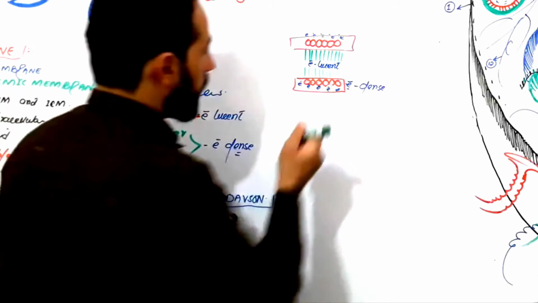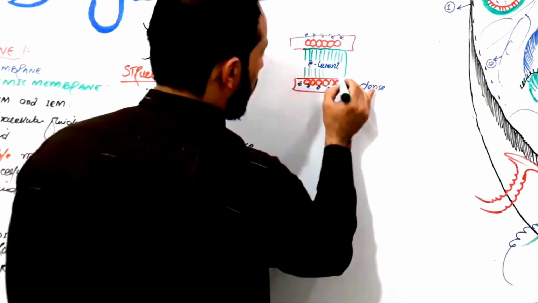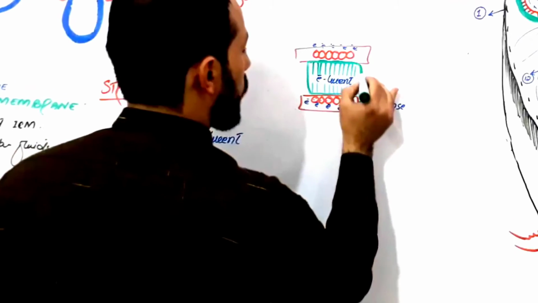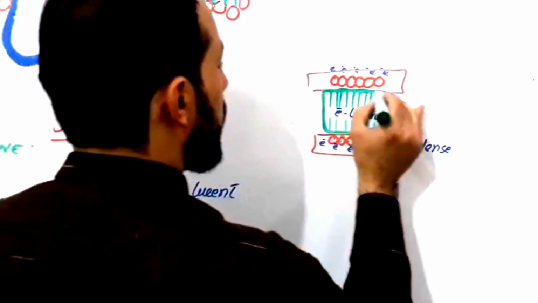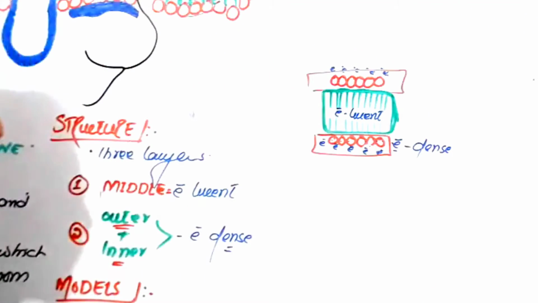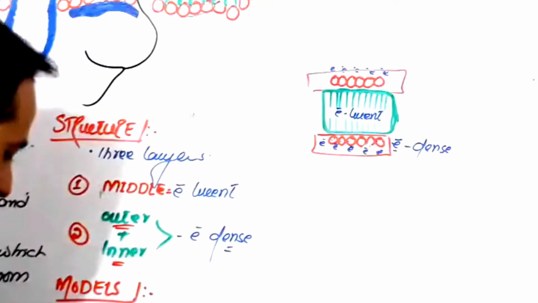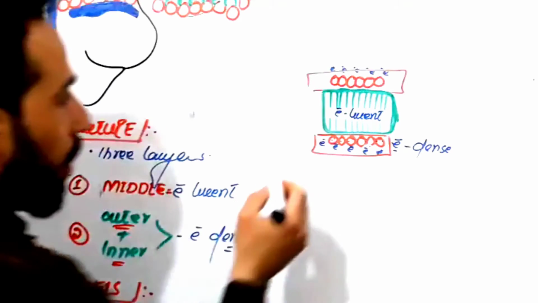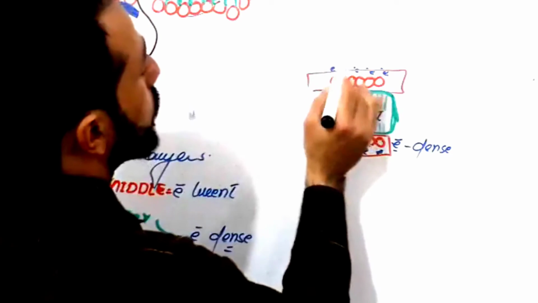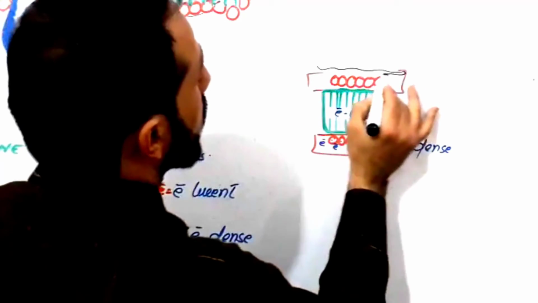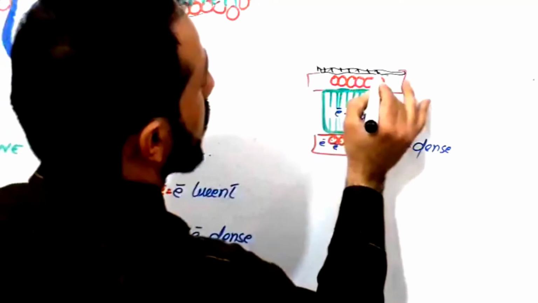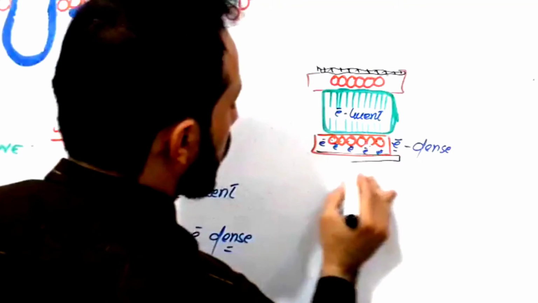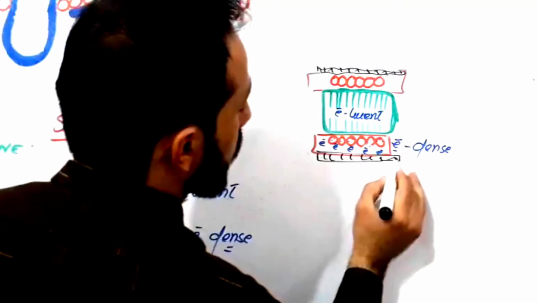Look carefully. Davson and Danielli say that this is the actual cell membrane. It is a phospholipid bilayer. They say that the cell membrane is made up of a phospholipid bilayer on the surface of which proteins are floating. It contains inner proteins and outer proteins, like this.